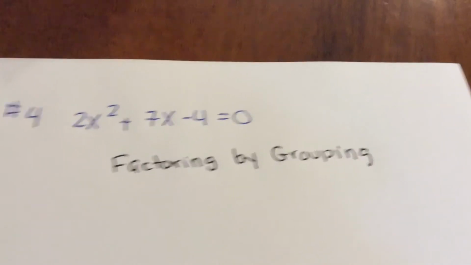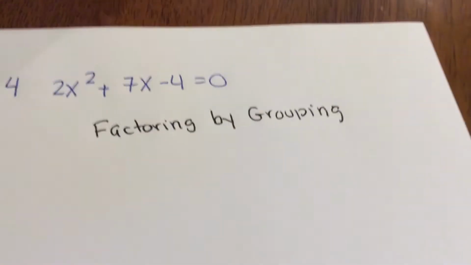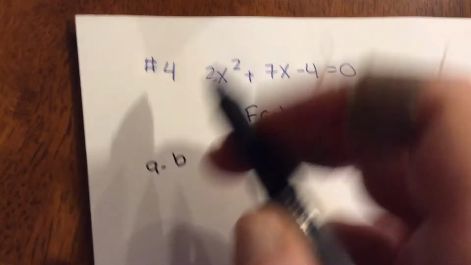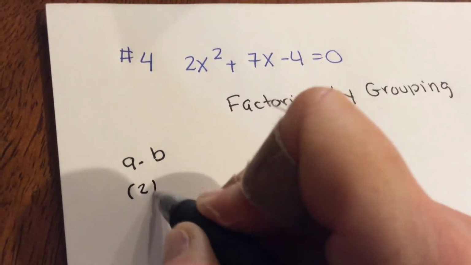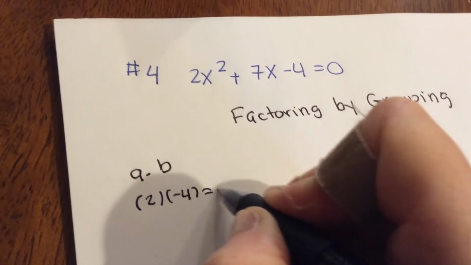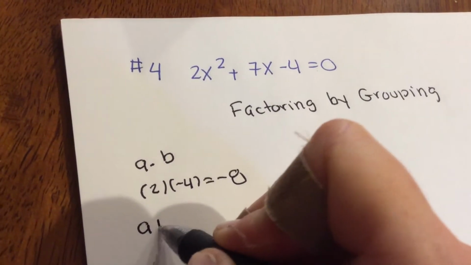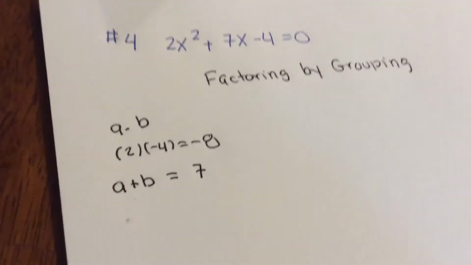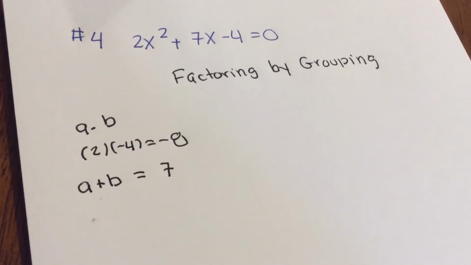So when we factor by grouping, like your worksheet did today, we want A times B, and that's your 2 times -4, to equal -8. But then A plus B has to give me 7. We've seen this kind of notation before.